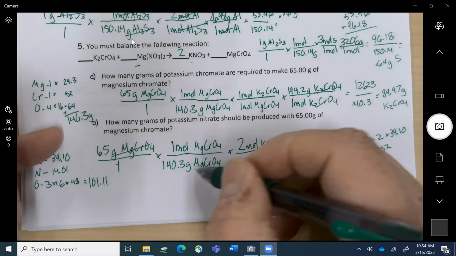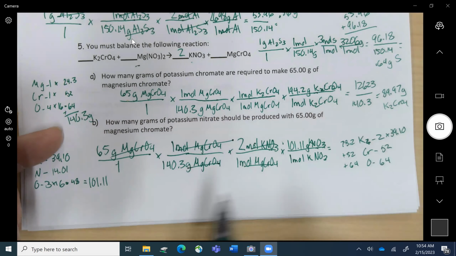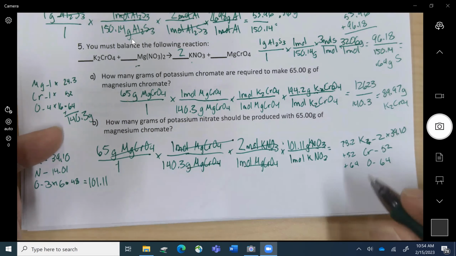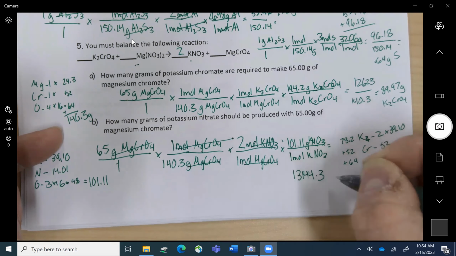So that cancels, this cancels, that cancels, my molar ratio. So 65 times 2 times 101.11 gives me 13,144.3.